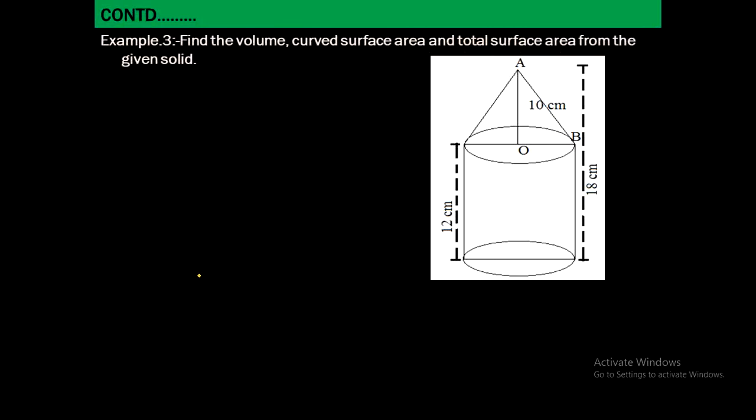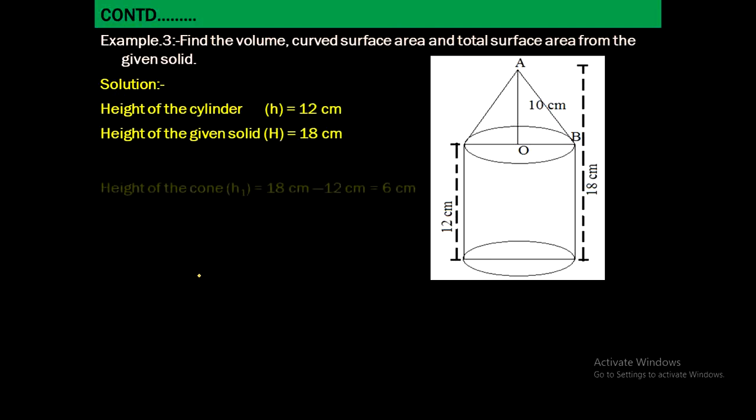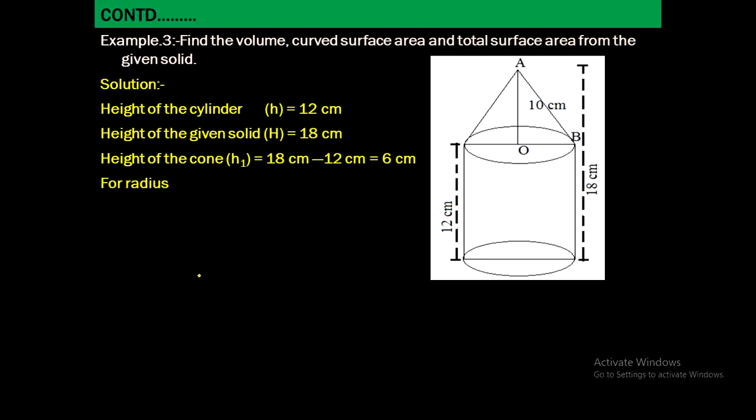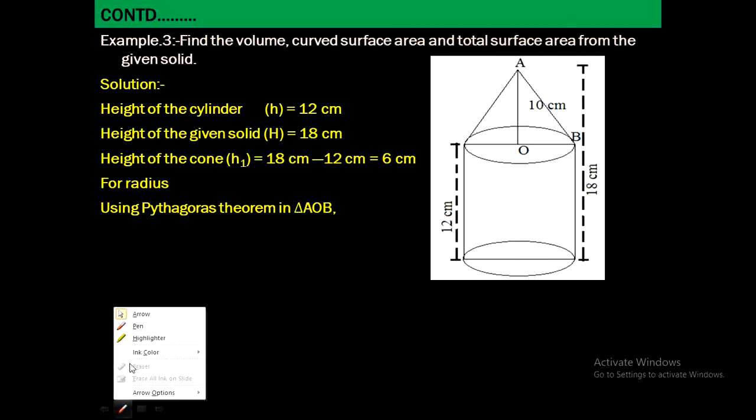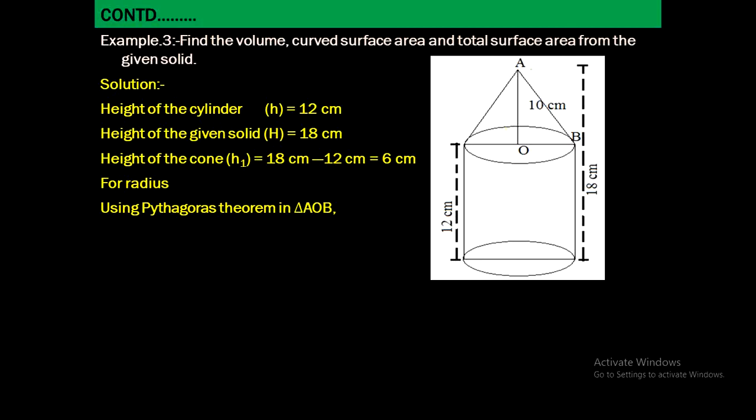Another example. This is question. Now solution. This is given condition. For radius, using Pythagoras theorem in triangle AOB, because here is 90 degree.